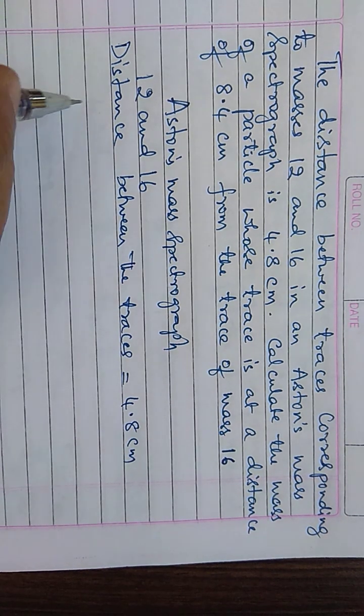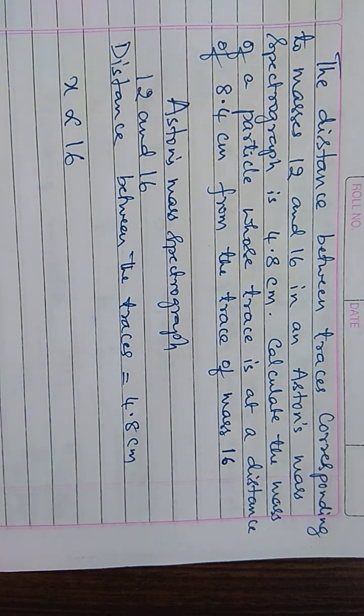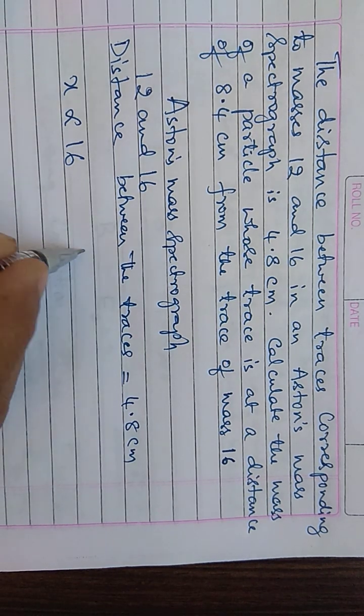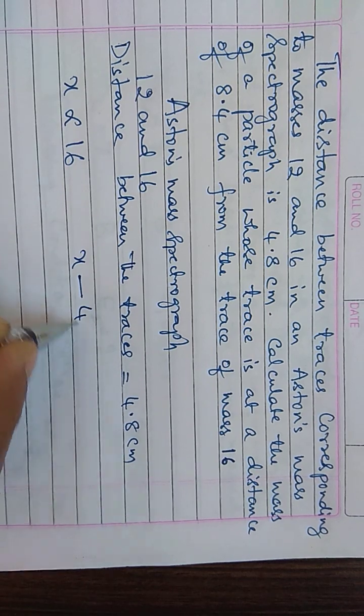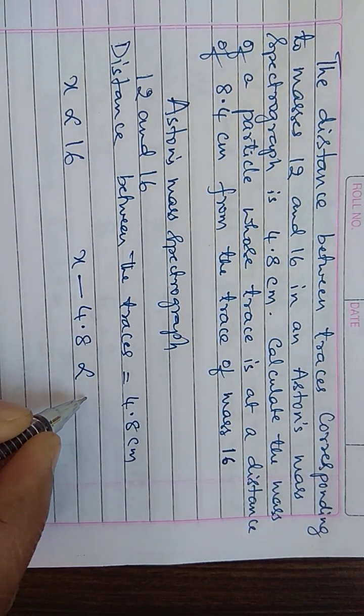And the distance, whatever it is said to be, is directly proportional to the mass number. Therefore, x minus 4.8 is directly proportional to another mass number, that is 12.